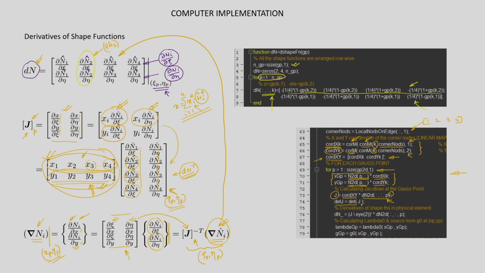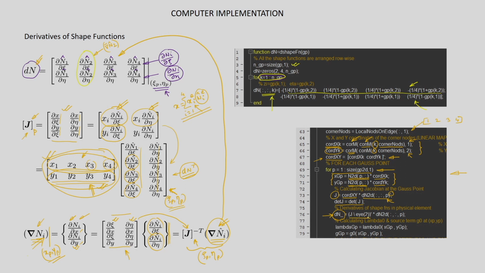Then we calculated the determinant of that, that we will see how we make use of. And then finally, we calculated the corresponding derivatives in the physical element. These are the derivatives of the shape functions in the physical element, rather this is giving the gradients of Ni's. This gradient of Ni's we will get by multiplying J inverse transpose.